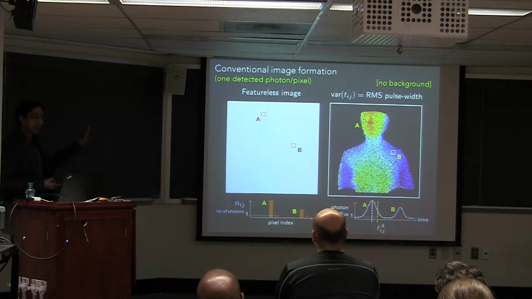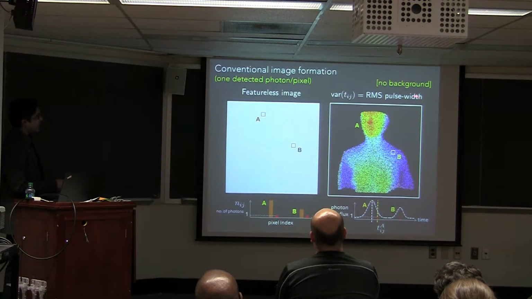Well, for reflectivity, it's nonsense. Because we've collected exactly 1 photon at every pixel, we get this nonsense constant image as the reflectivity if we interpret the data conventionally. The time delays for depth, it does make sense. It looks like a quite noisy version of the depth map of the scene.